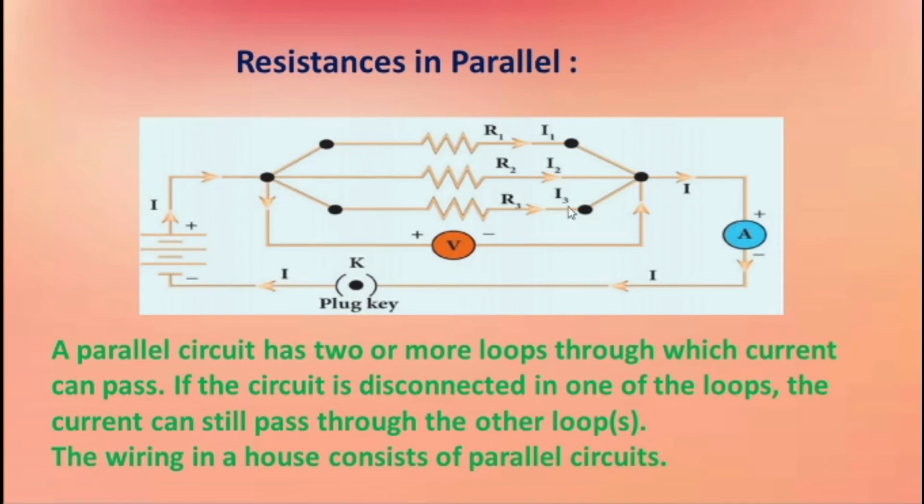In a series connection I is the same, but here the potential difference across the three resistors is the same. R1, R2 and R3 are the resistance values of the first, second and third resistors. I1, I2 and I3 are the currents flowing through the first, second and third resistors.